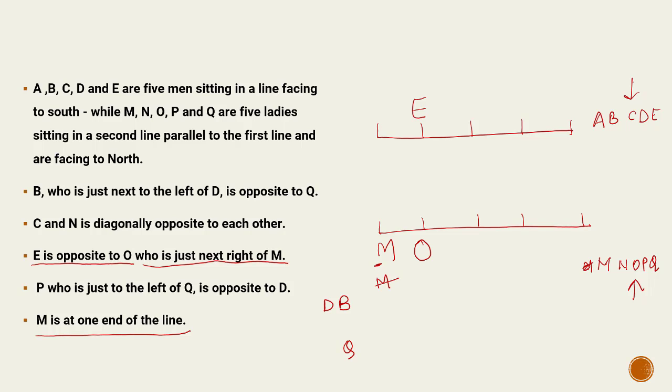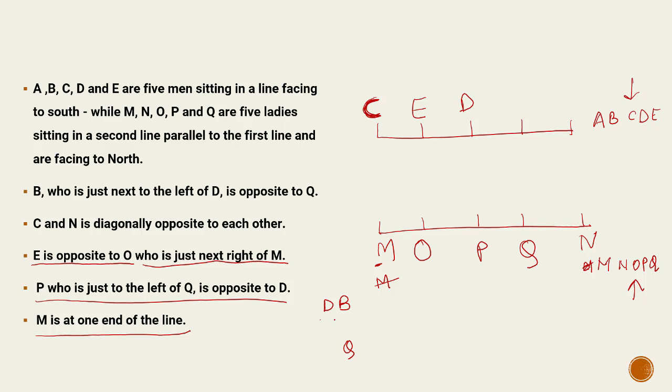Here this place is already occupied by M, so that means N would come here, and on the other end of the diagonal, I can place C. P, who is just left of Q, is opposite to D. Now in row 2 I have only two places left, which are for P and Q, and by reading this piece of information we know P is to the left of Q. So P is to the left of Q and P is opposite to D.